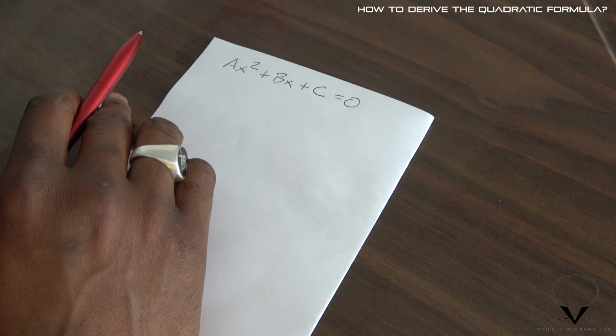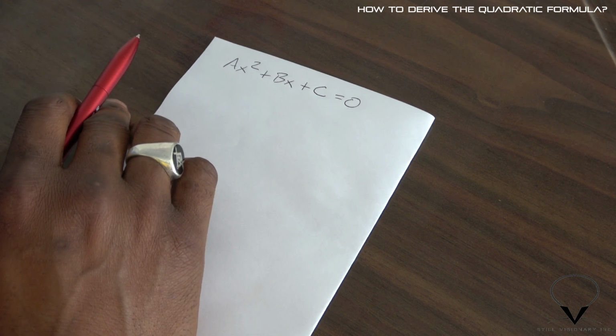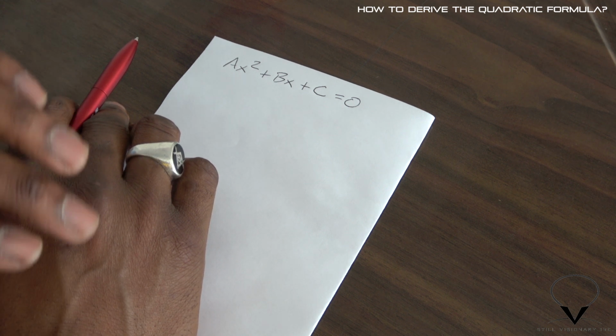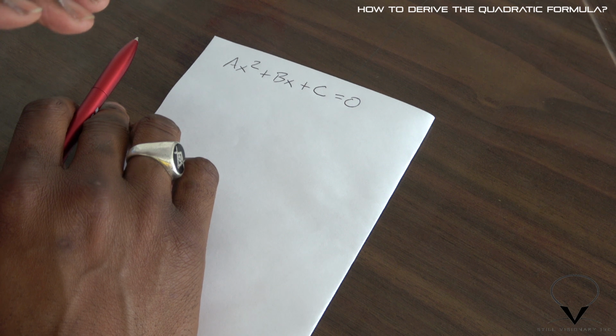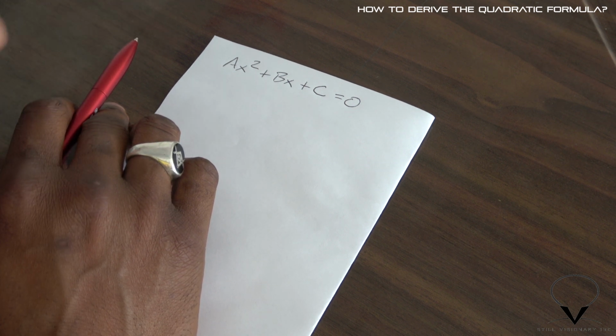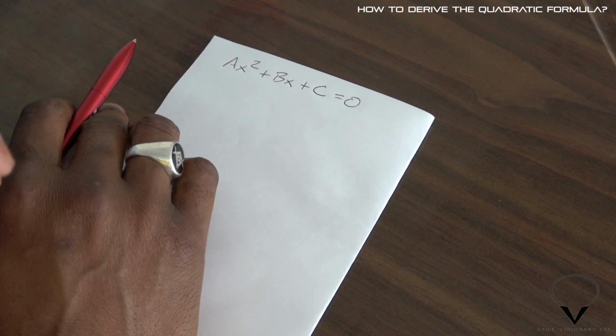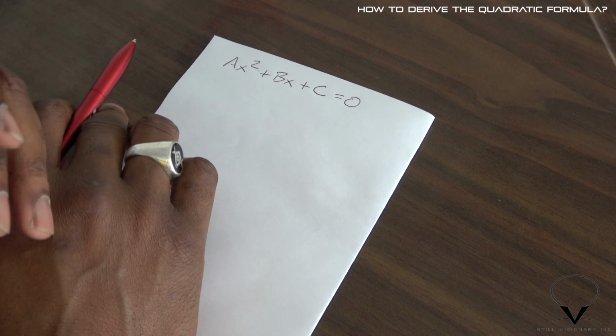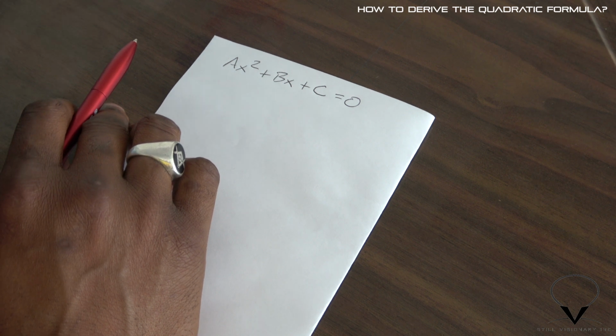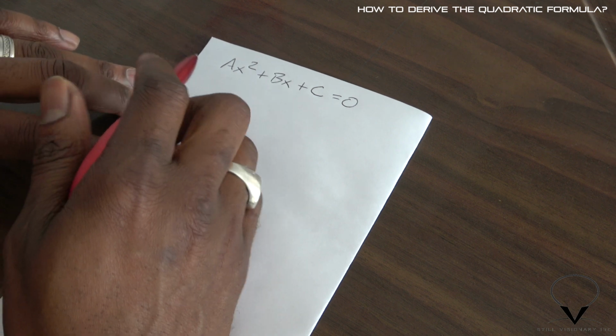The first thing you need to understand is that whatever you do on one side, you have to do on the other side. That should be a cardinal rule in all mathematics. The reason is that we're bringing about a balance, which means the left side equals the right-hand side.